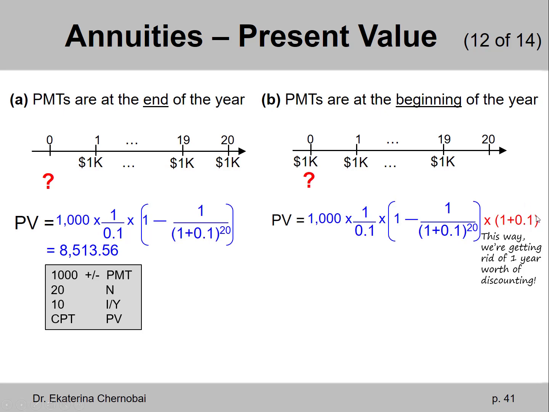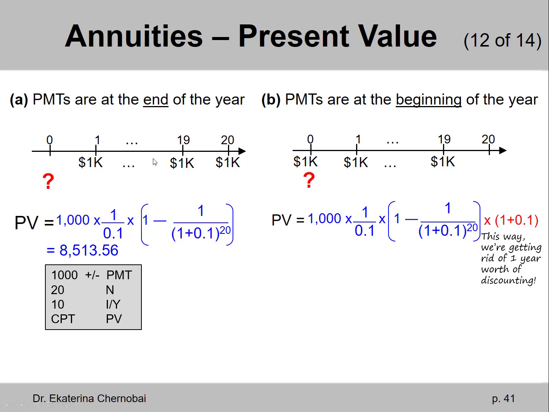And mathematically, to undo the discounting, we can multiply the answer we had in case A by 1 plus the interest rate. So it's like we are taking $8,513.56 and bringing it into the future by 1 year, right?